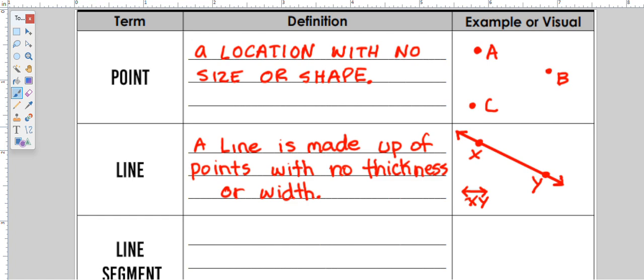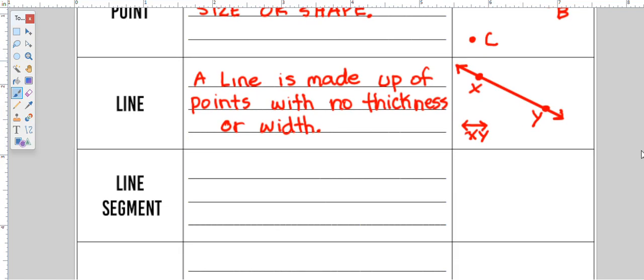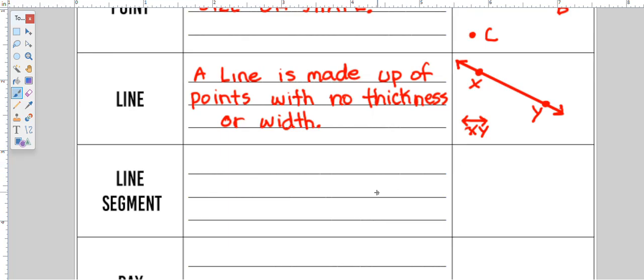All right. Now, going a little further from points and lines, we have line segments. A line segment is a measurable part of a line, consisting of 2 endpoints. Remember, a line extends on and on forever, but a line segment is just like a clip of that.